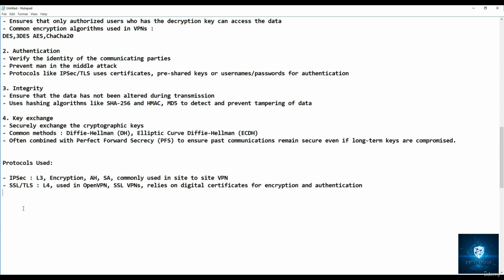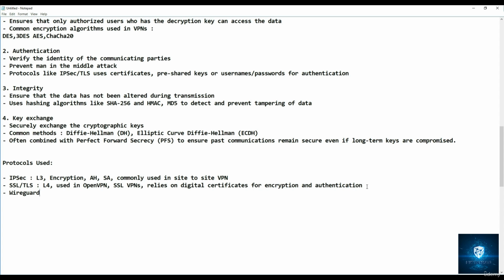All right, so likewise you have another protocol called WireGuard, which is a new one, the WireGuard protocol. It is a modern VPN protocol which uses state-of-the-art cryptographic primitives, and it is designed to be simpler and faster than traditional protocols, generally used in mobile networks.